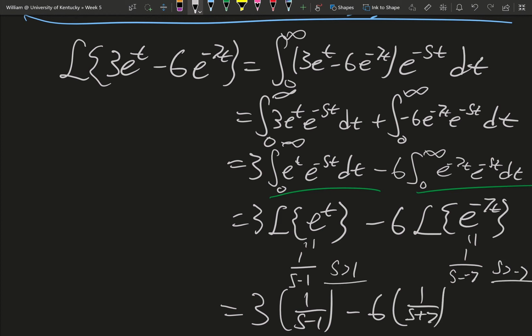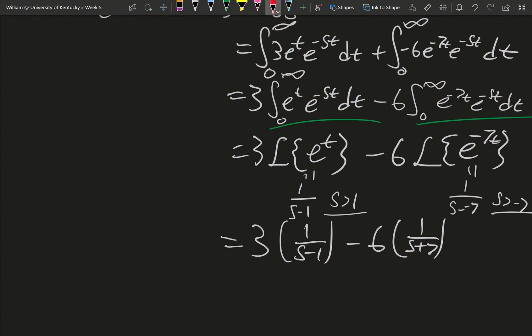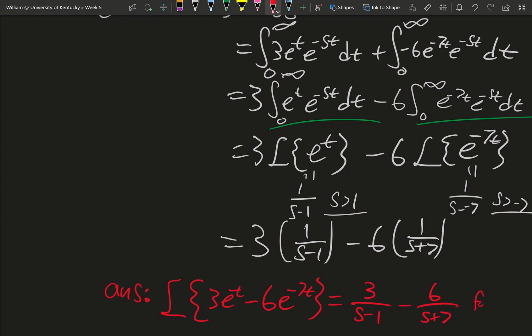And I need both of these things to be true. Well, if s is greater than 1, it's definitely greater than negative 7. So we get our final answer, and it's valid for s greater than 1.